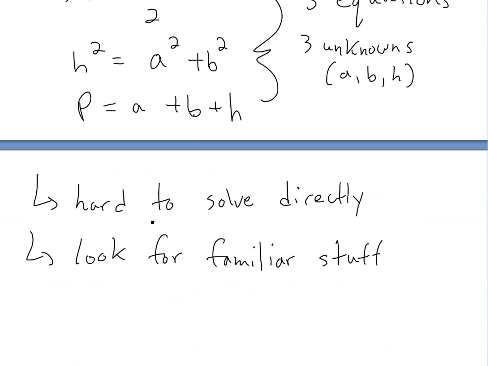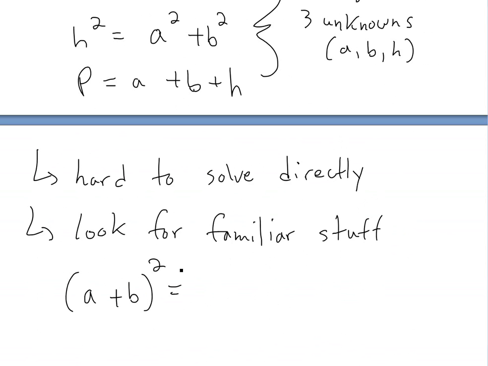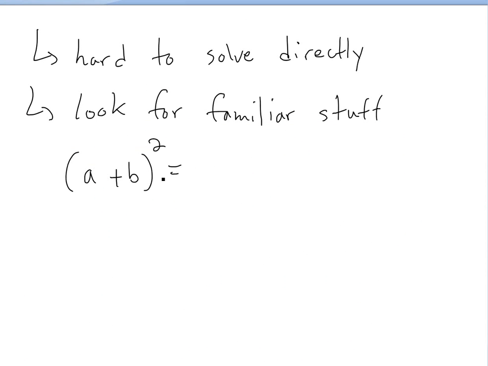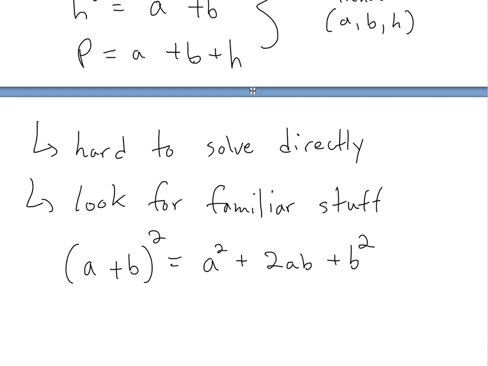If you FOIL out a plus b squared, can you see how it is familiar? You can write it in two ways from above. FOIL this out and it's a squared plus 2ab plus b squared. As you can see, there's an ab and there's a squared plus b squared.